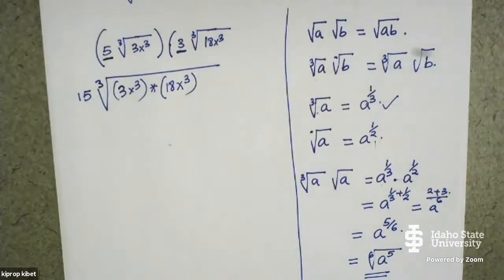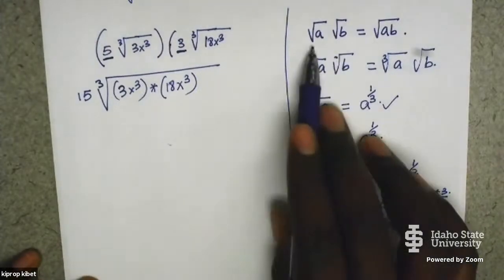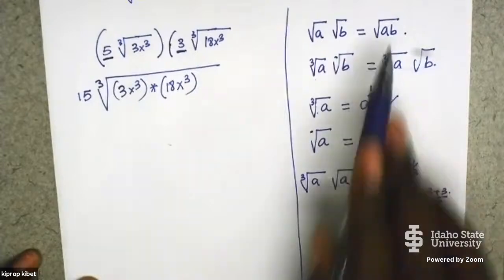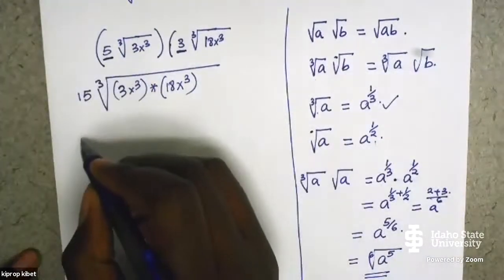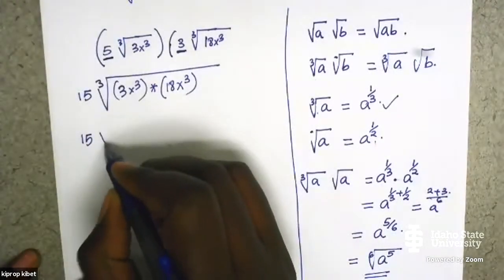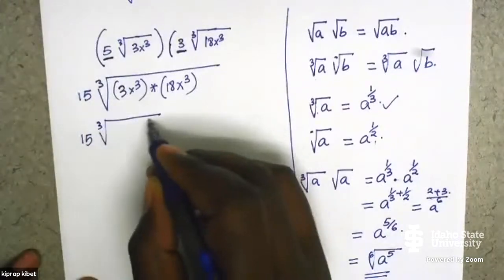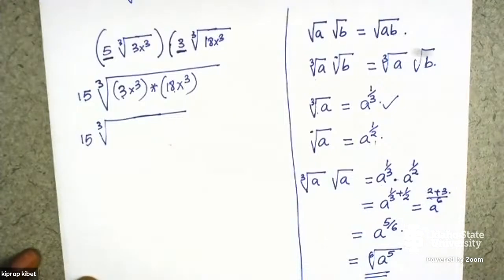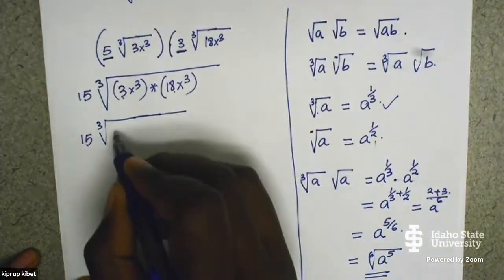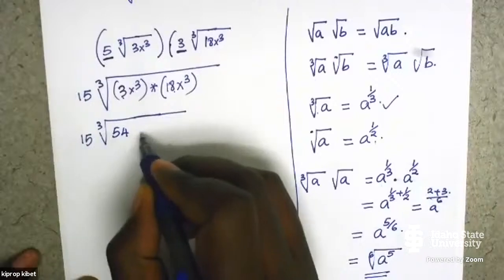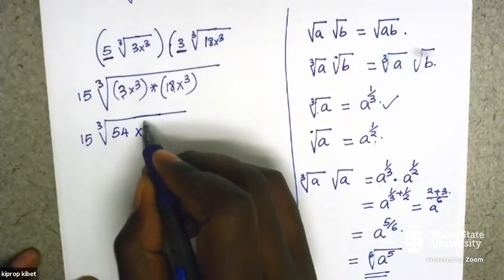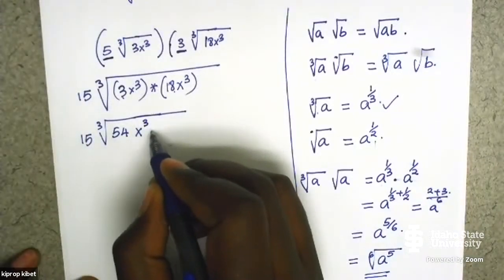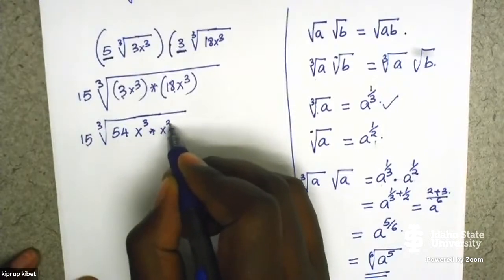Are we together? Any question after that? So since it is similar to this, now this will be 15, the cube root of, we now simplify. 3 and 18 is 54. x raised to 3 multiplied by x.